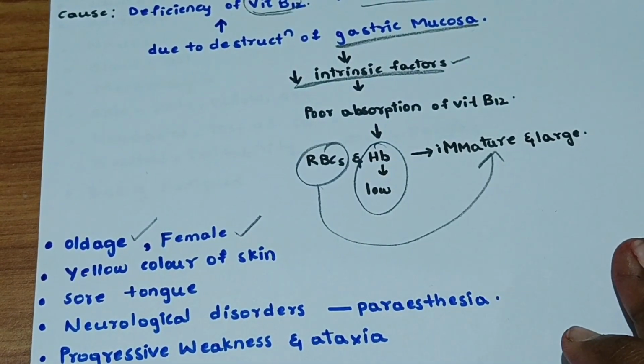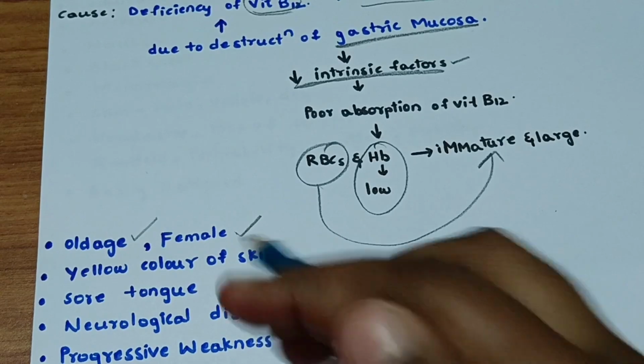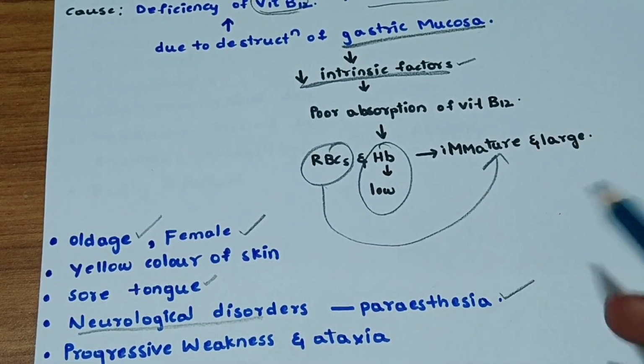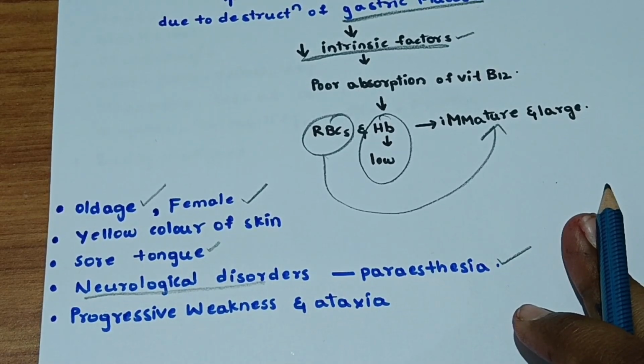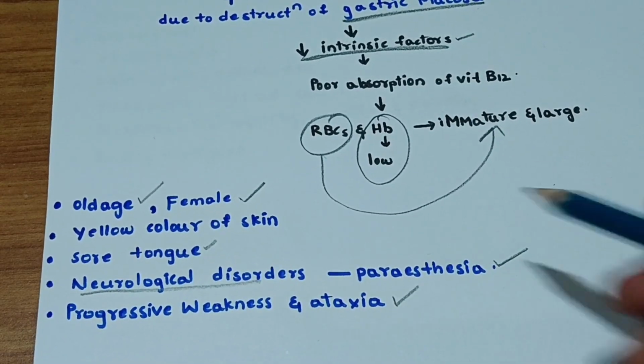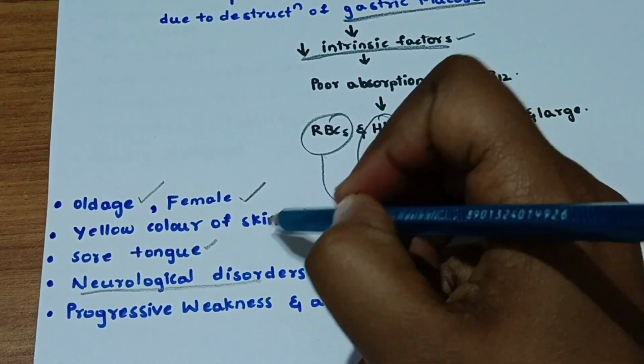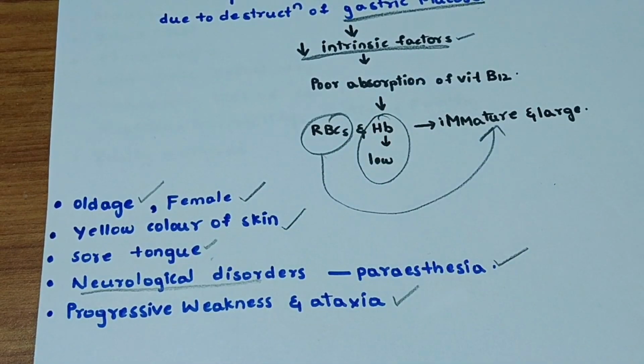The symptoms are yellow colored skin, sore tongue, neurological disorders like paresthesia, progressive weakness and ataxia. Yellow color of skin, sore tongue and progressive weakness are also seen in megaloblastic anemia.